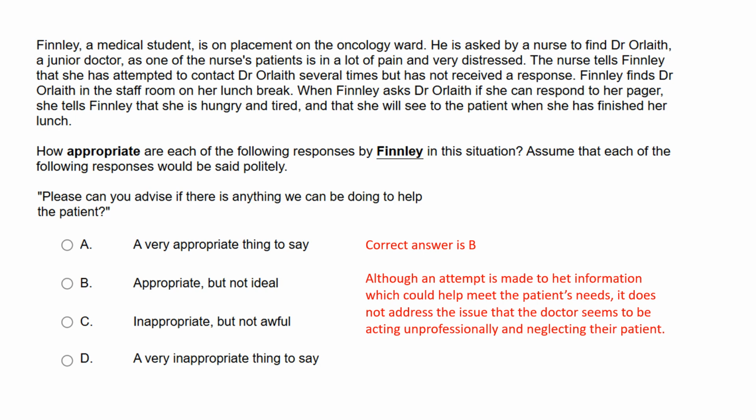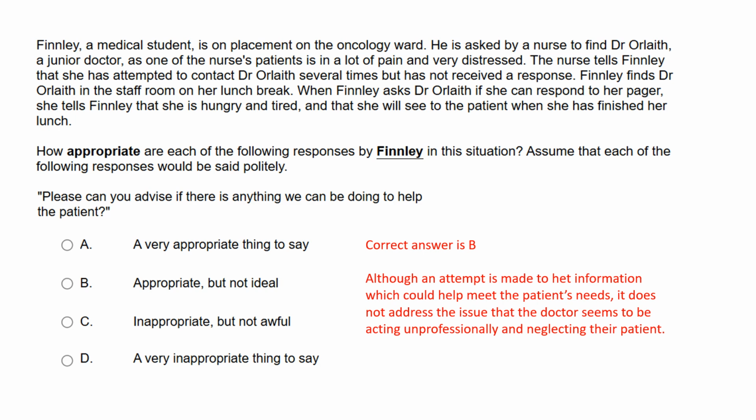But their view is that in some ways the bigger issue is that this doctor seems to be neglecting their duties towards the patient, and you're not doing anything to deal with that, and that's why it's not ideal.